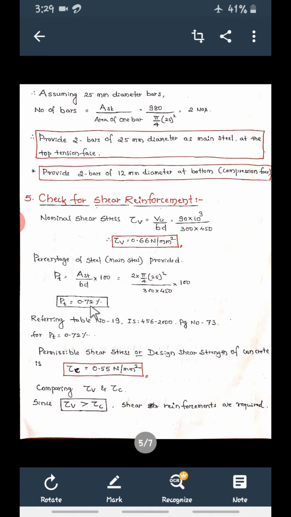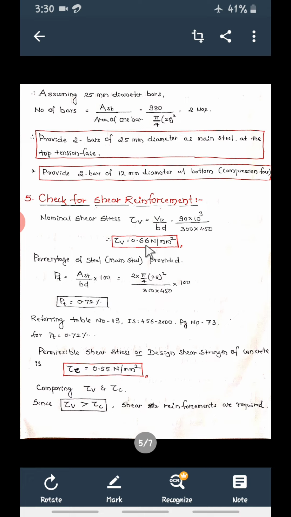For 0.72%, what will be the permissible shear stress, or it is titled as design shear strength of concrete, that is tau c. This is nominal shear stress, and this is permissible shear stress. Tau c for this 0.72% is 0.55 Newton per mm square.